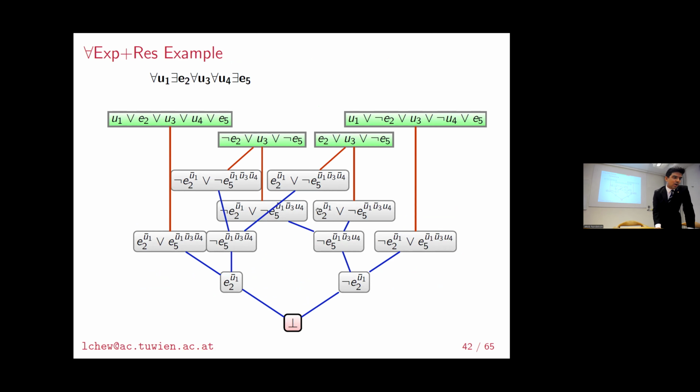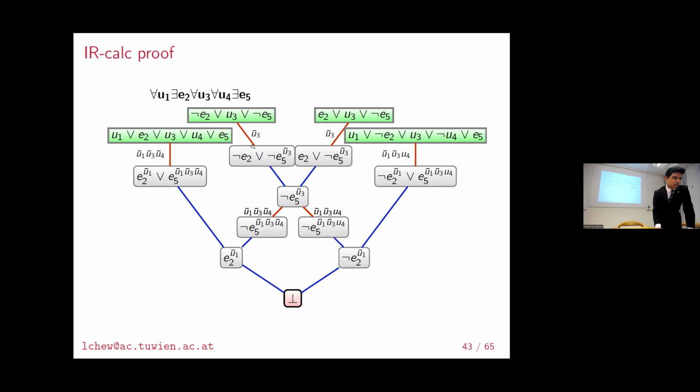So what we do in the IR calculus is a partial instantiation very early on just to remove this universal literal. So we're still working where we have purely existential clauses. Now we've got these partial annotations. We can just resolve these two here. We get this single clause here, which we then instantiate to those clauses that we find later.